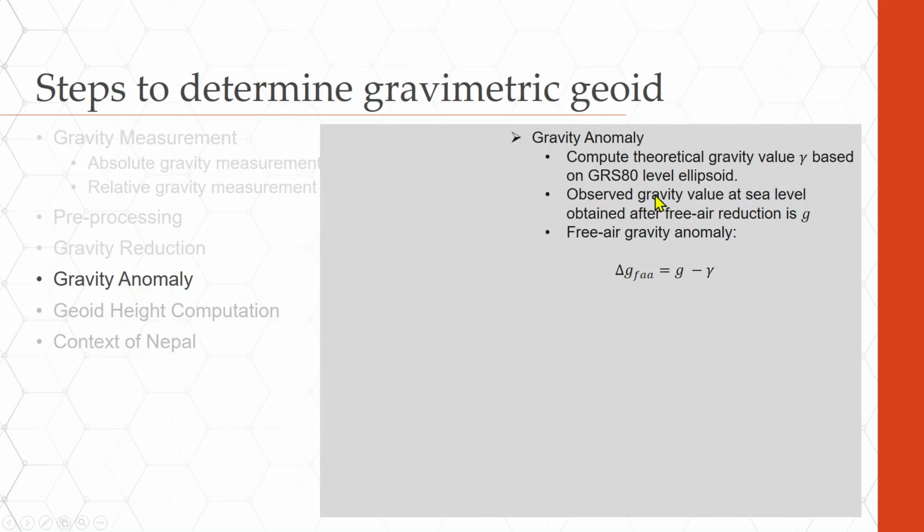And we already have an observed gravity value G at sea level, which was obtained after free air reduction, and a gravity anomaly, which we call free air gravity anomaly delta G FAA. FAA stands for free air anomaly, and is obtained by subtracting the theoretical gravity value gamma from the observed gravity value G.